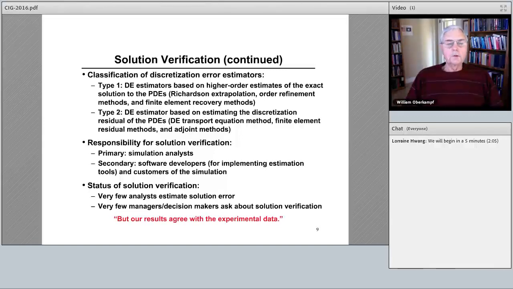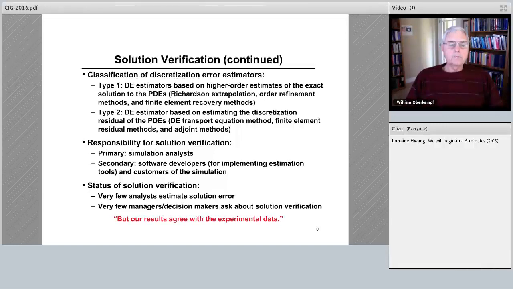And for a number of you, I suspect you're familiar with Richardson extrapolation, and it is probably the most popular because it is very easy to use, and it's basically a post-processing technique. Then there's order refinement methods and ordinary differential equations where you have adjustment of time step. For example, you almost always use order refinement methods as opposed to Richardson extrapolation, and finite element recovery methods.